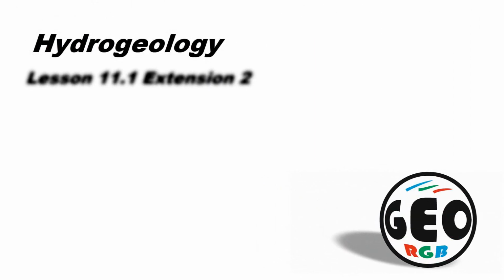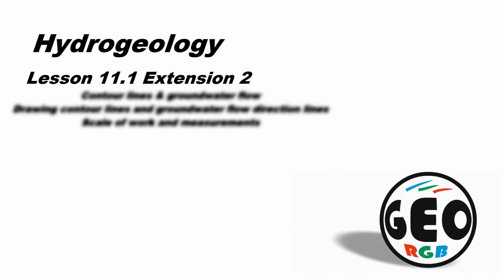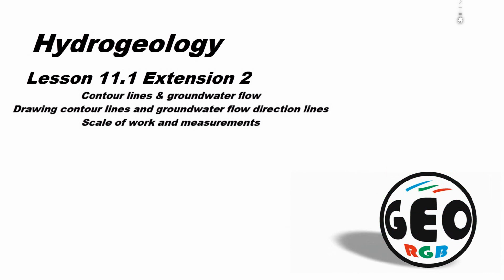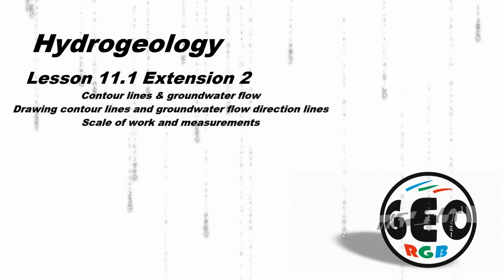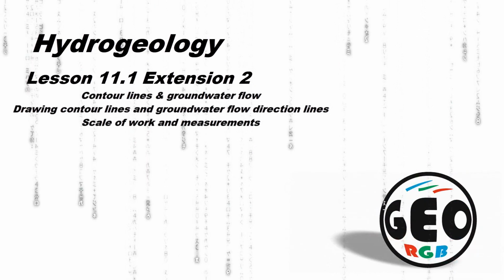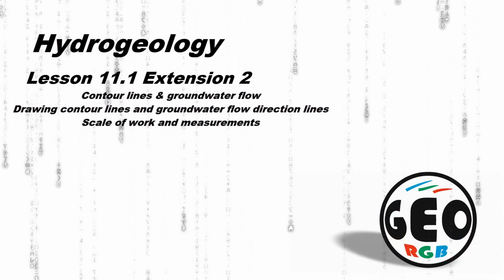This video is lesson 11.1 extension 2, and it's a continuation video of hydrogeology related with contour lines and groundwater flow direction lines. In this video we are going to see three different exercises where we are going to see how we can draw proper contour lines.